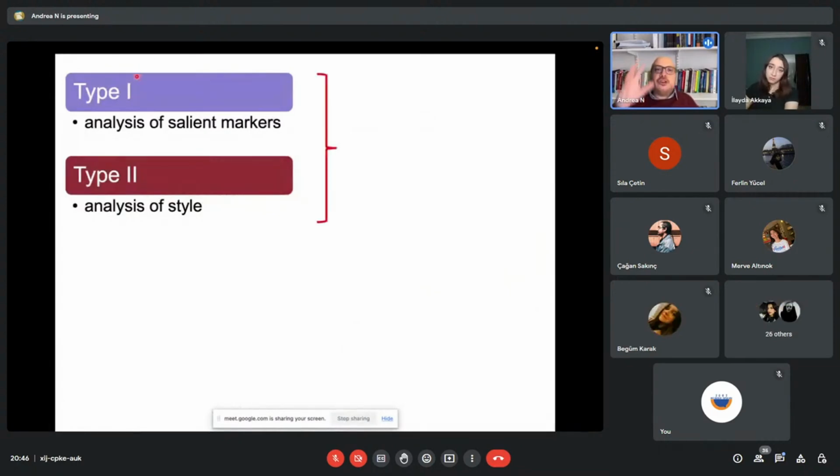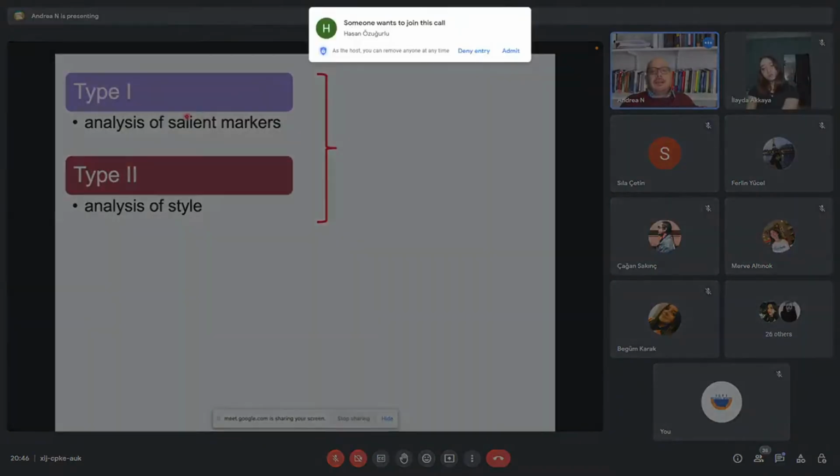So profiling not used for investigation. It was a type 1 analysis.